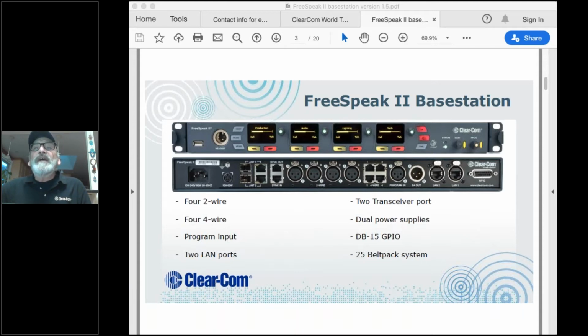So yes, you have some control over those in and out ports. I think what he was asking is, does that volume knob control the level of your 4-wire, and that volume control does not do that. You can, in the software, plus or minus 6 dB.